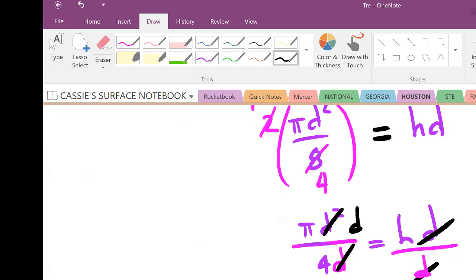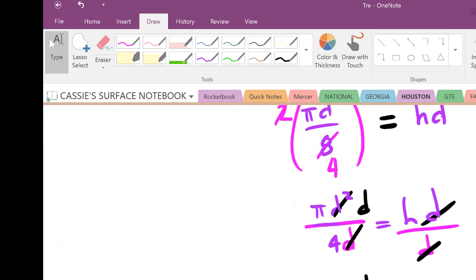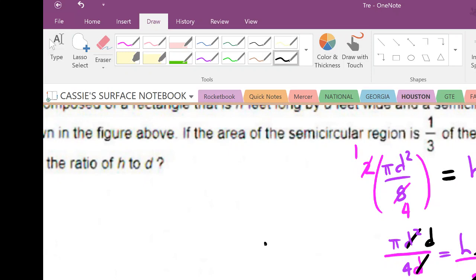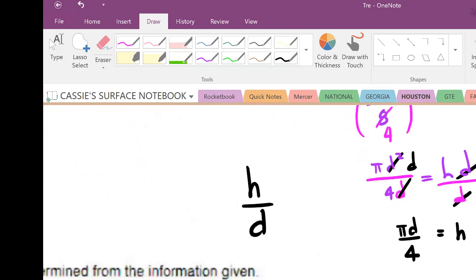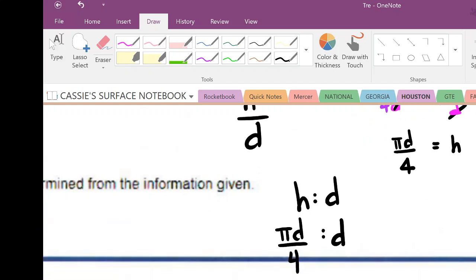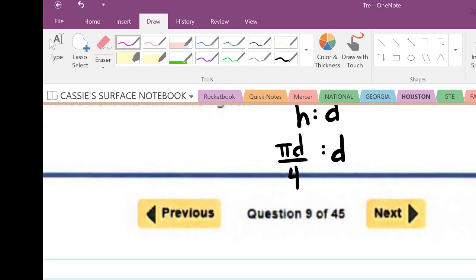All right, so you've got h on the right side, and on the left side, I'm going to have pi d over 4. Here's what I've got. What is the relationship between h and d is what it wants, or it wants this ratio, h colon d. Well, d is just d, and I know that h is the same thing as pi d over 4. And you can treat these very much like equations.